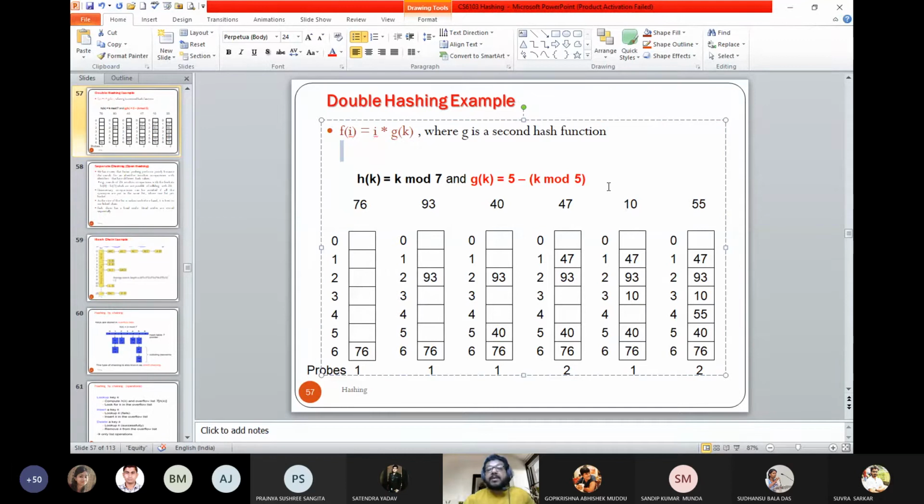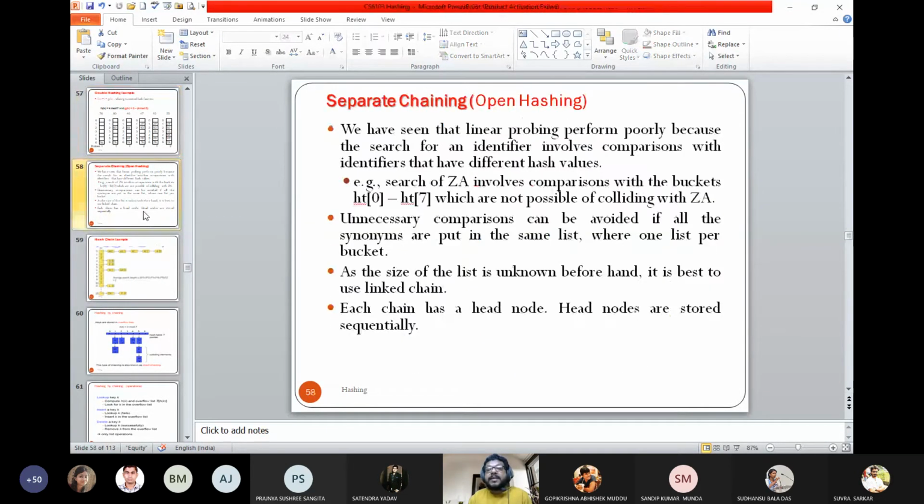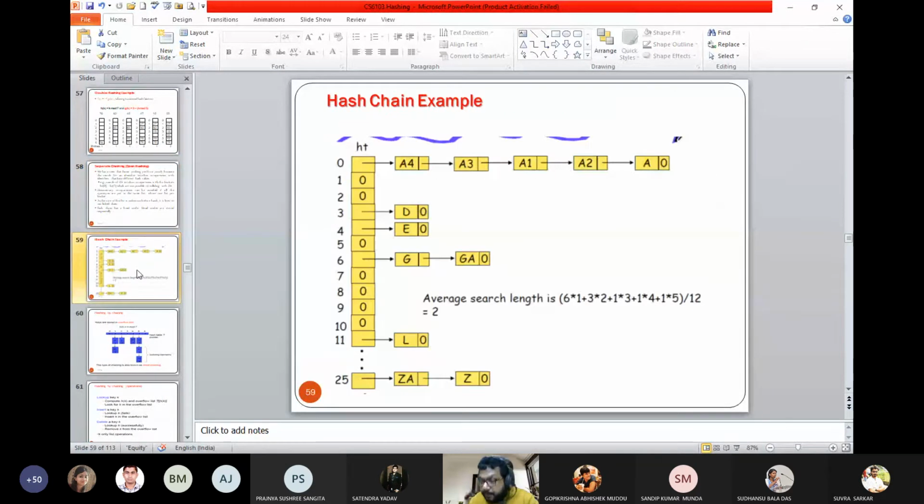Okay, but that table is due to me. I'll clarify that one. So separate chaining is an open hashing technique. Open hashing means, very simply, we are looking into a particular address capable of storing one record or one key. Those who are synonymous means h(A4) equals h(A3) equals h(A1) equals h(A2) equals h(A), something similar to 11, 21, 71, 51, 41.